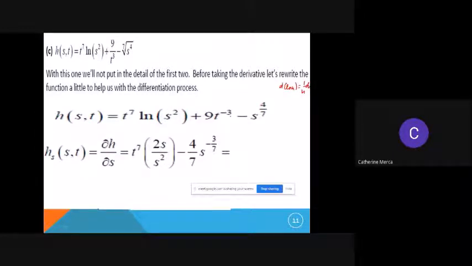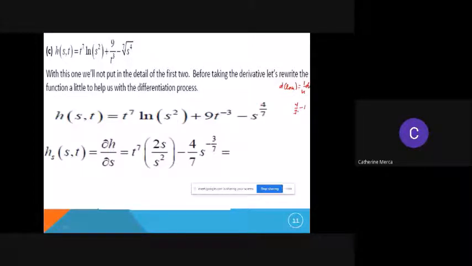Plus 9t to the negative 3, again, since it is with respect to s, this is 0. Then for negative s to the 4 over 7, the exponent is 4 over 7, so you will have negative 4 over 7 s to the 4 over 7 minus 1. But what is that 4 over 7 minus 1?